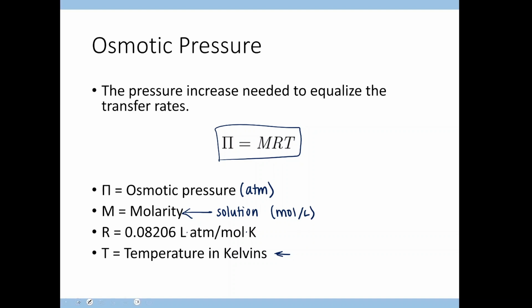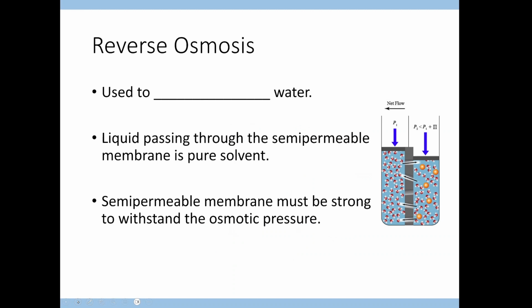Now, a little bit more about reverse osmosis. This is when pressure is increased on this right side, more pressure is added, that forces pure solvent molecules to move to the left. So net flow is to the left. Reverse osmosis is used to purify water.